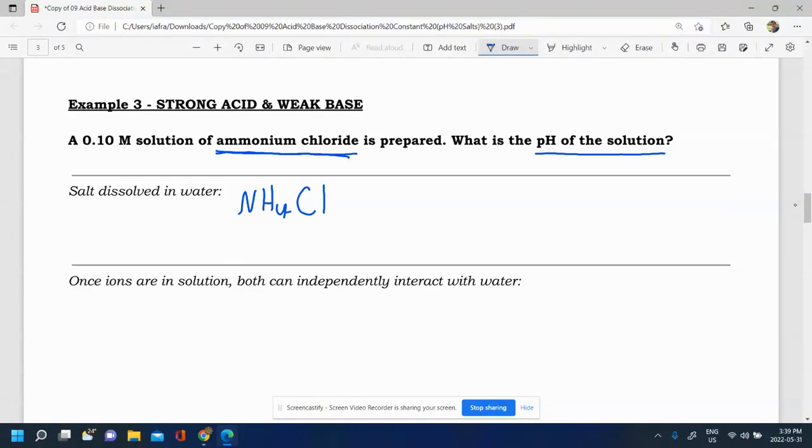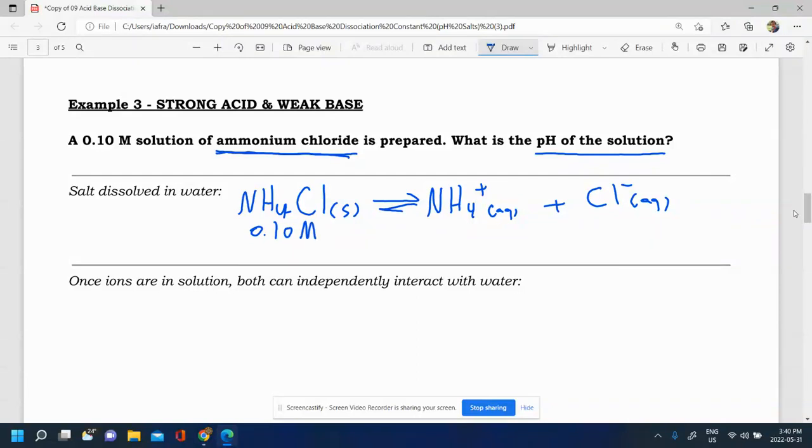So ammonium chloride, solid, put it in water, gives you, separate the ions, NH4 plus aqueous, Cl minus aqueous. And we're just going to write the concentrations at the bottom here, 0.10 molar.